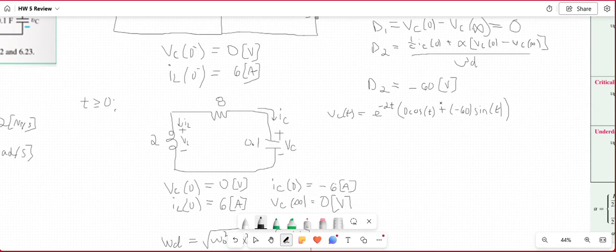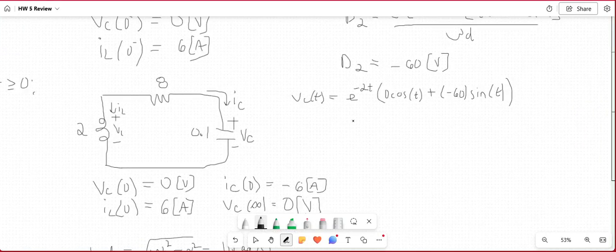That was just 0, so we're not going to add that on. So VC of t equals negative 60 sine t e to the minus 2t.